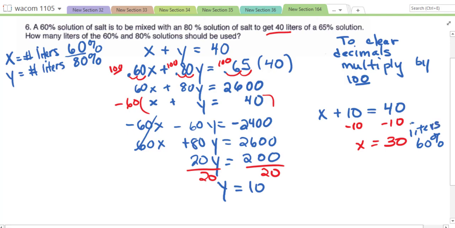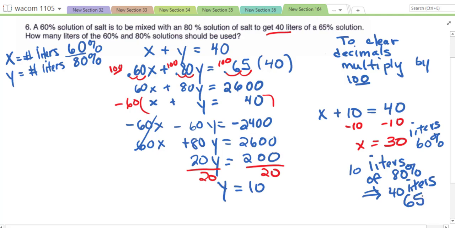I'm mixing that with 10 liters of 80%. And that gives me 40 liters of 65%.